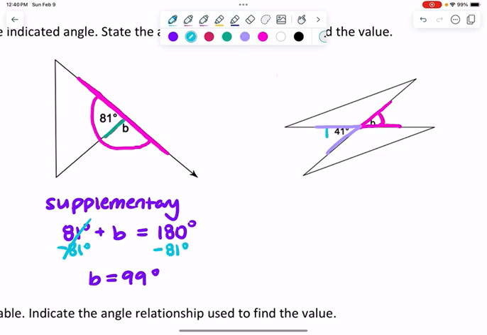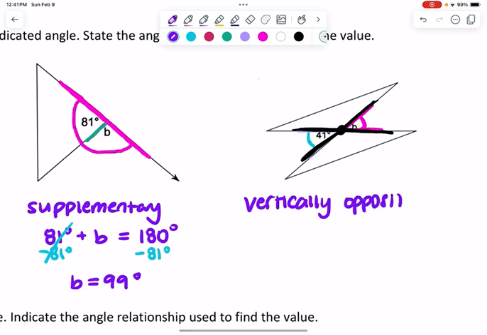Take a look. Here I've got these two. I do notice, however, that they are formed when two lines intersect. And that vertex in the middle, they are opposite from each other across that vertex, meaning that they are vertically opposite.